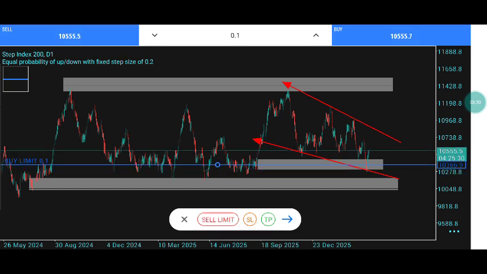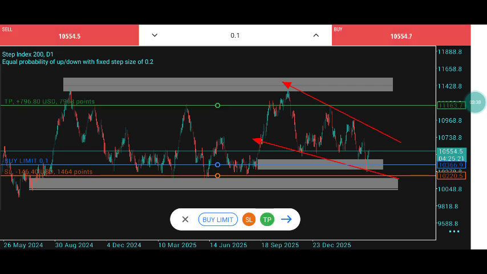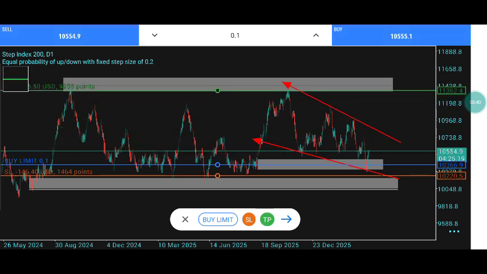Here is where we usually buy and put our SL a few pips below, and our TP at this swing high, just for example. So that's basically what we do.